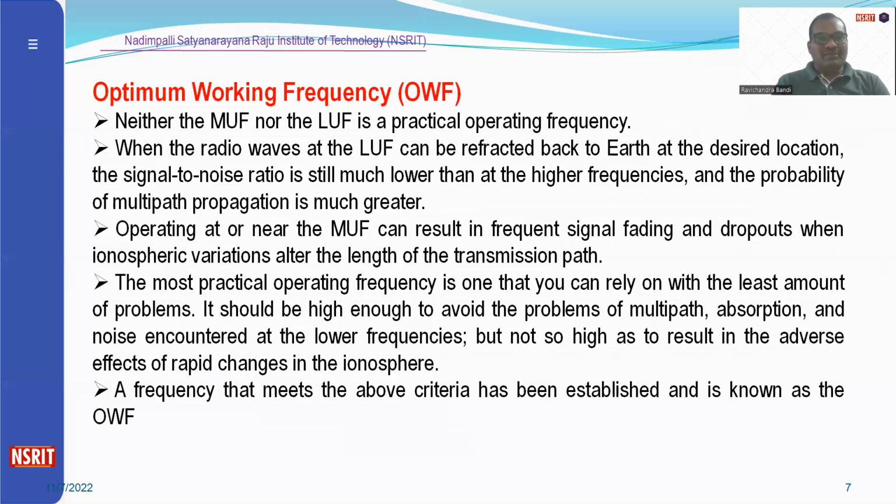Optimum working frequency. Neither the MUF nor the LUF is the practical operating frequency. When radio waves at LUF are reflected back to the earth at the desired location, the signal to noise ratio is still much lower than at higher frequencies, and the probability of multipath propagation is much greater.